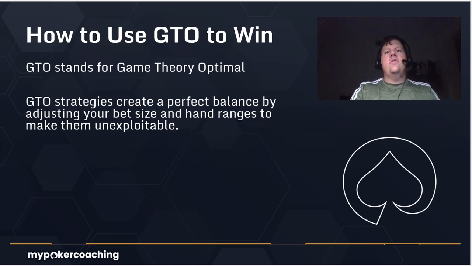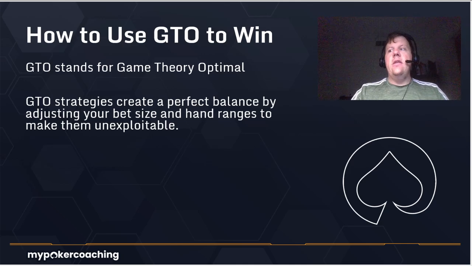And that's where a solver output comes out, where there's two strategies where neither player's making a mistake. They're playing perfectly against each other, and there's no money to be made by either player because they're both playing a perfect strategy.